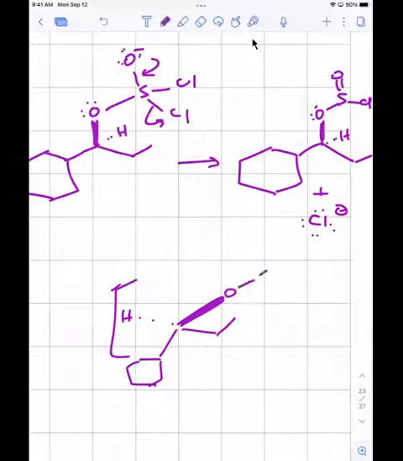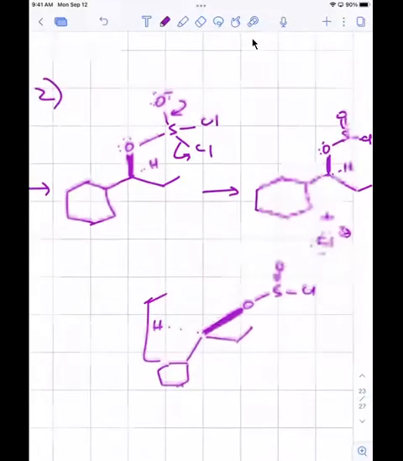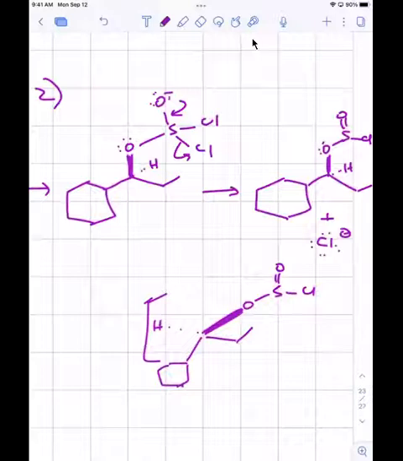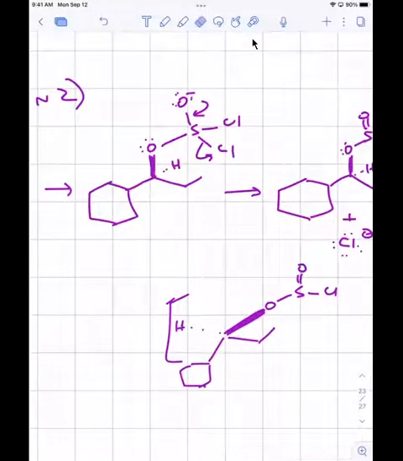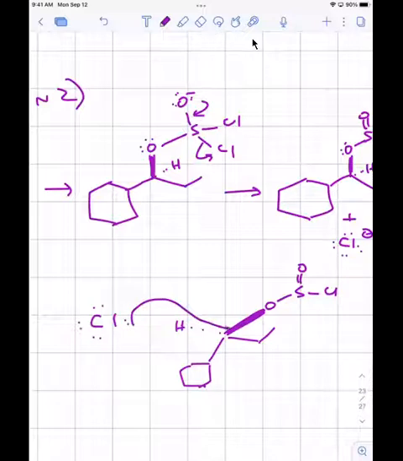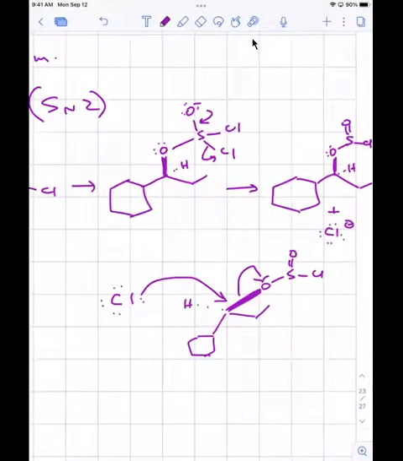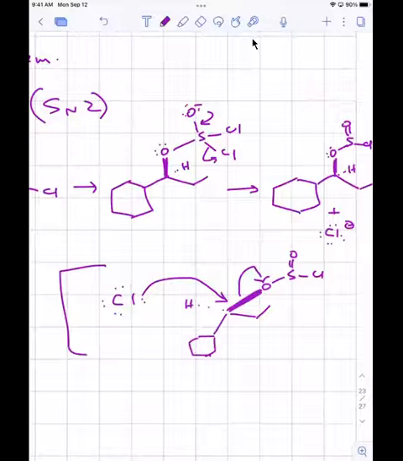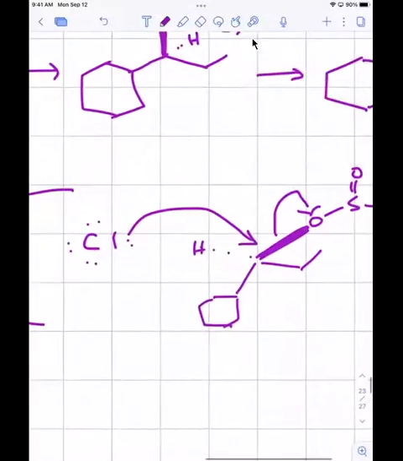So this is S double bond O Cl. Right, so it's like we turned it to the side so we can see it from the side. So the chlorine is actually coming in from here. It's going to come in from the opposite side of where that leaving group is to kick it out. So this is why the stereochemistry gets reversed.